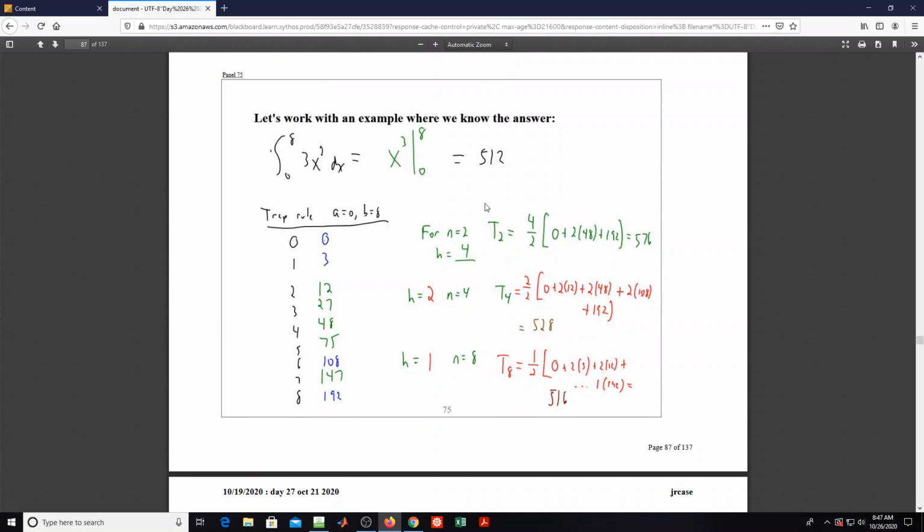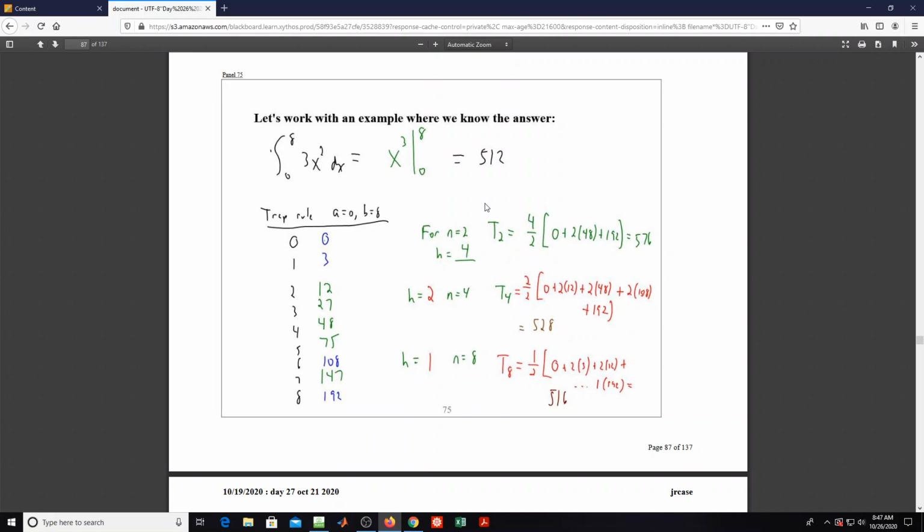So let's work with an example where we know the answer. If I integrate 3x squared from 0 to 8, I get 512. And let's suppose I do n equals 2, which means the length of each subinterval, h, would be how much? 4.